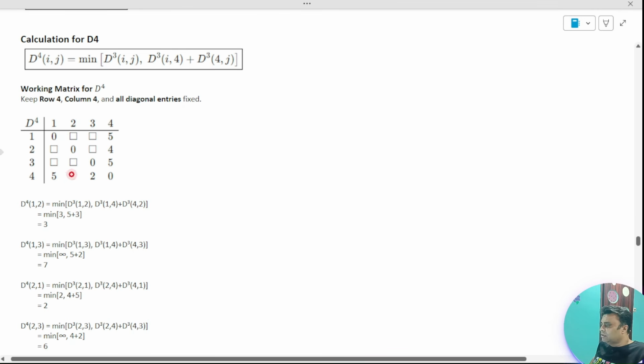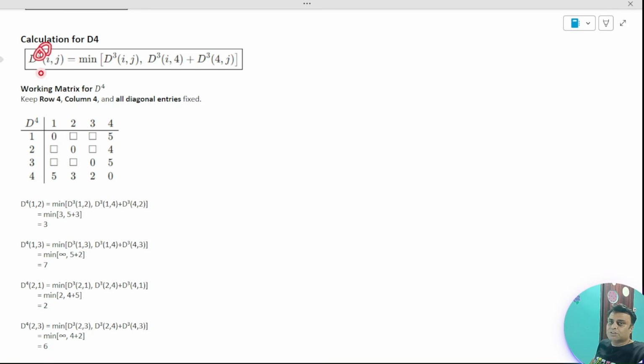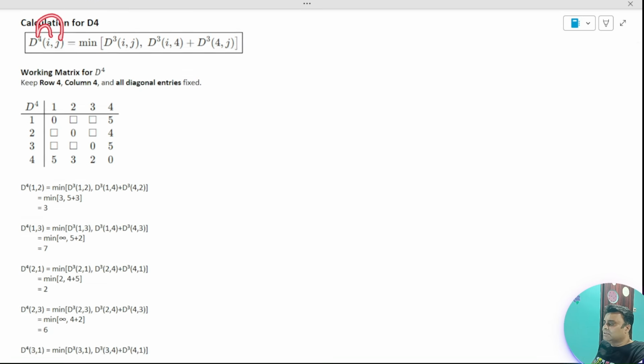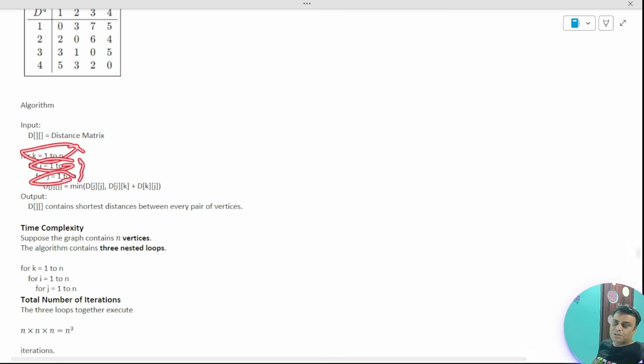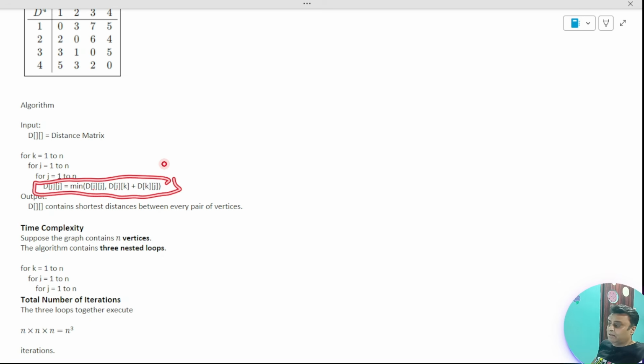This 4 in Di4 is actually the k, so ik, kj, that is what is happening here. So other than ij, this 4 is coming from ik, kj. So you have 3 loops for k, j and i. J and i are for your rows and columns, and k is the dimension of the matrix you are trying to create. This is the same formula I've been applying, and that's the algorithm.